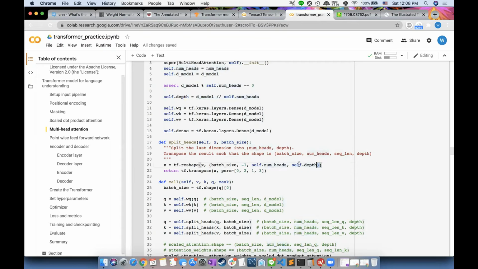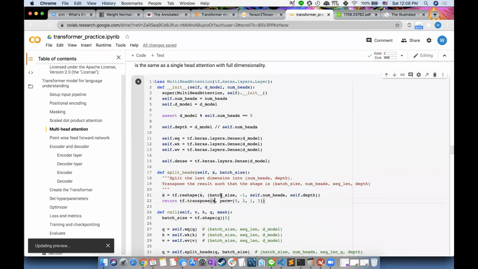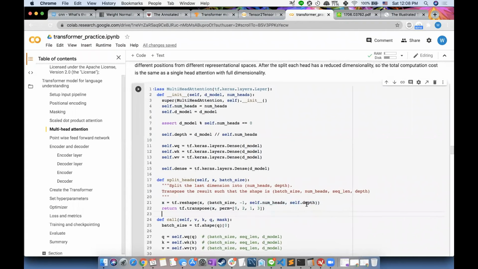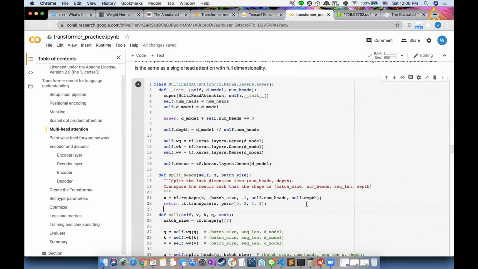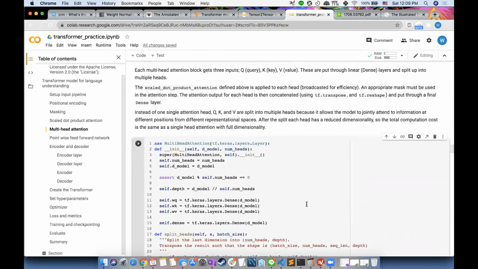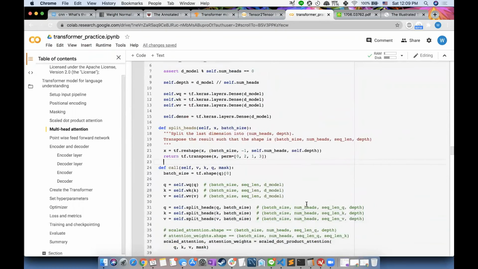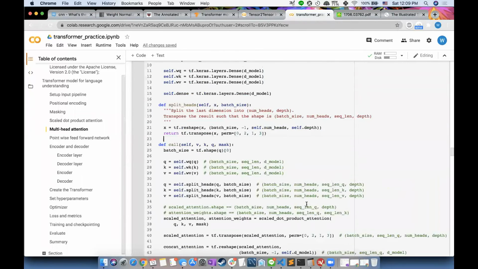So you have X with batch size, 8, and 64. It's not 512 anymore. I could be wrong. Again, let's go through that later when we go through this.